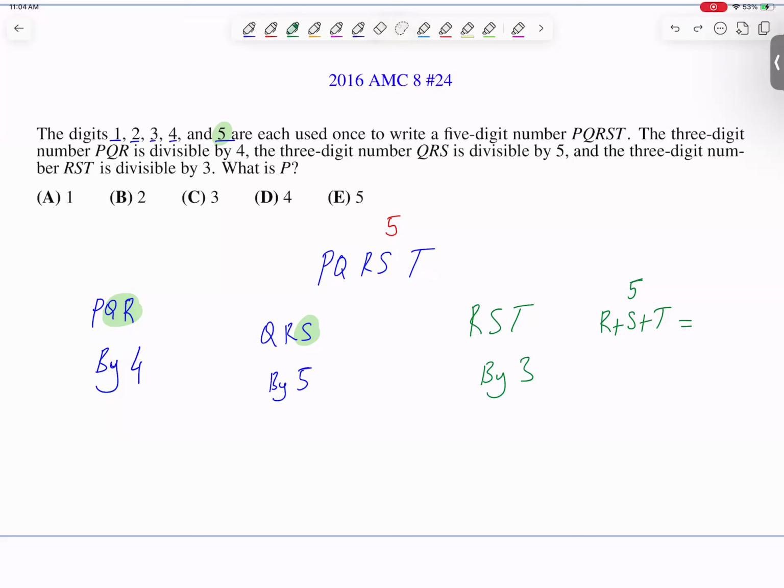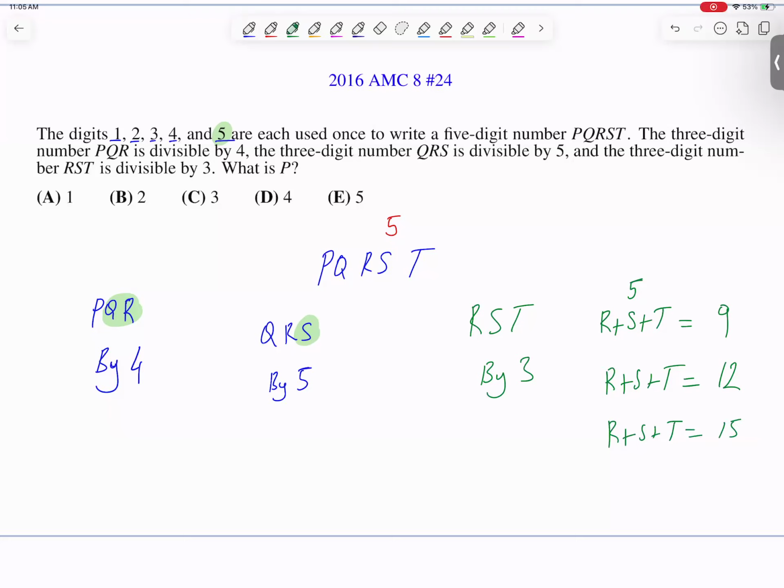So the lowest value we can get is 9, or R plus S plus T, the next multiple of 3 is 12. The next multiple of 3 is 15. R plus S plus T is 15.